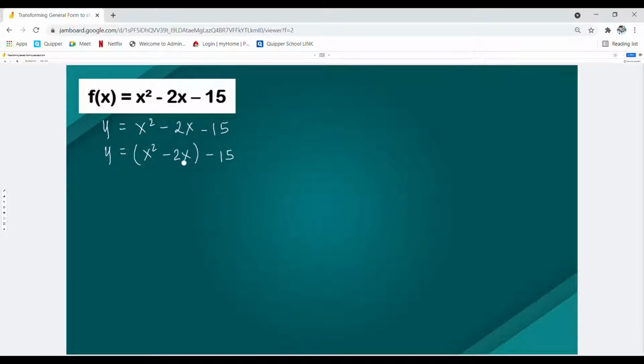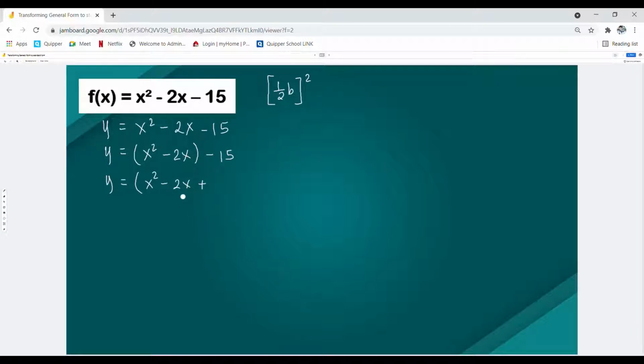Why do we need to group it? The one that we have inside the group is to be completed to a square, so we will make it a perfect square trinomial, or PST. Completing the square, you will have x squared minus 2x plus something. The third term is found by using our formula, which is one half of b, if you remember, raised to the power 2.